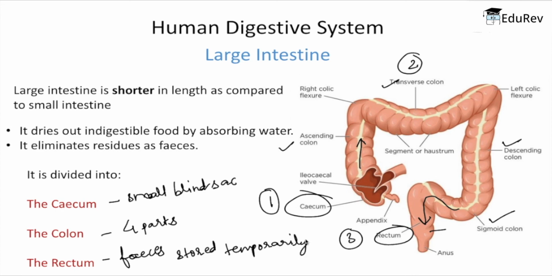And through this rectum, the feces exits the body through the last part of our digestive system, that is the anus. Now the anus becomes our last part of the digestive system through which the feces stored in the rectum exits our body and which completes the whole digestion process.